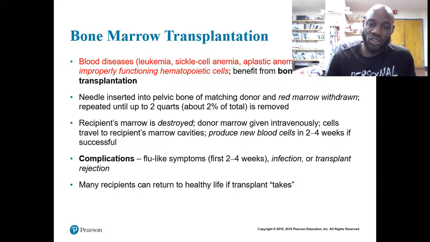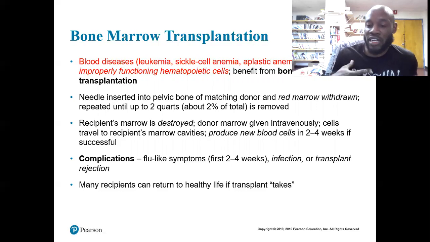Those cells travel to that person's bone. So they kill off the bone marrow in the unhealthy person, kill off their bad bone marrow, take some from another person, put it into that person, and hopefully it takes within 2 to 4 weeks.